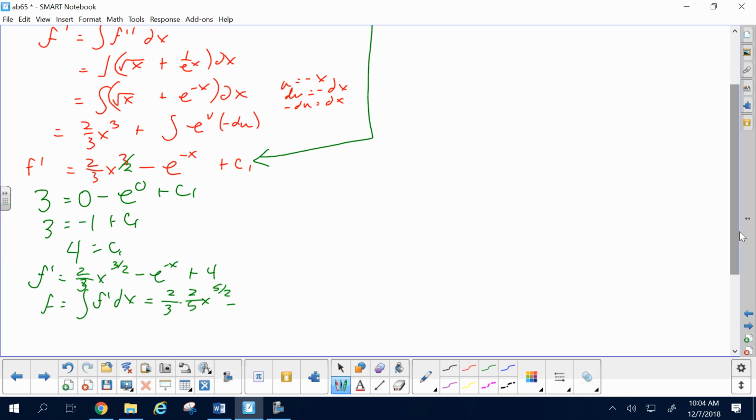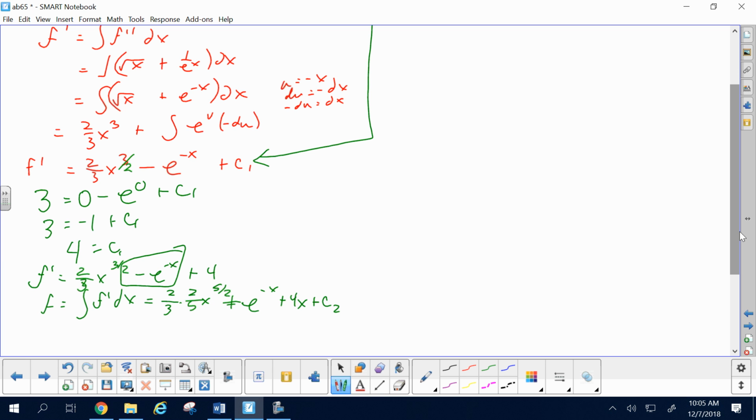You pick up a negative. Now if I pick up a new negative, what would the antiderivative be? Negative, negative, so positive: e to the negative x plus 4x plus a new constant.